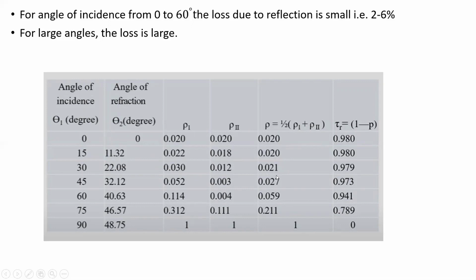The losses are increasing from 75 degrees. We can see the reflection loss is almost 0.2111, and at 90 degrees, which is grazing incidence, it is 1. So at large angles the loss is large.